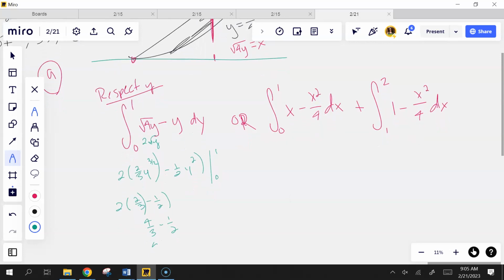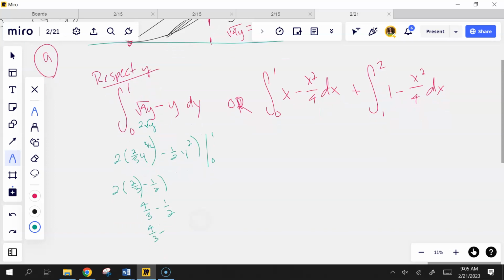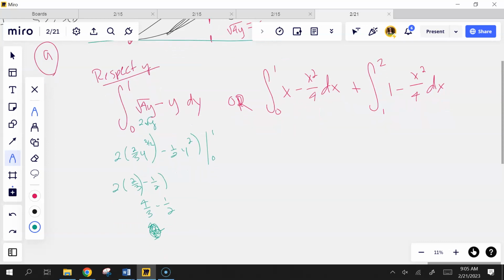Yeah, so this is 4/3 minus. Common denominator would be 6, so times 2 would be 8/6 minus.